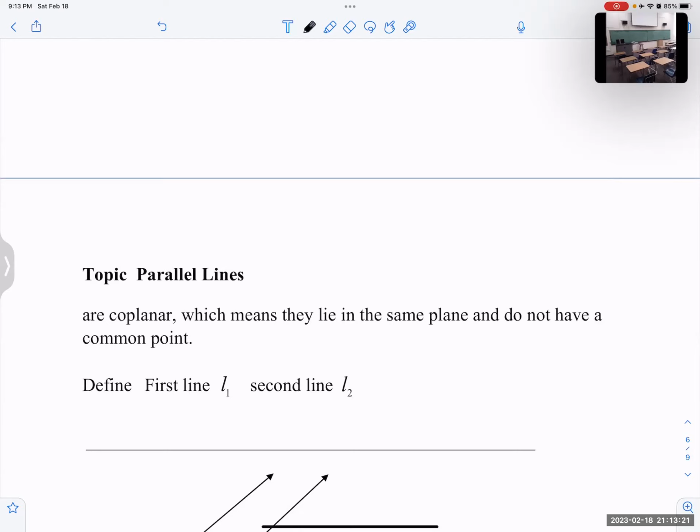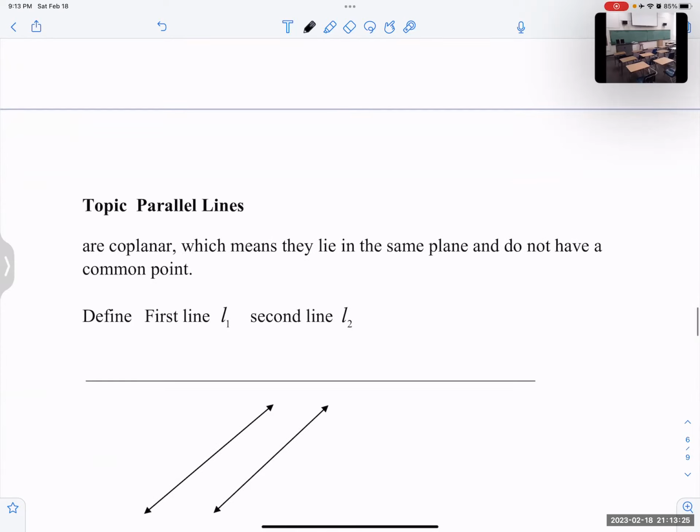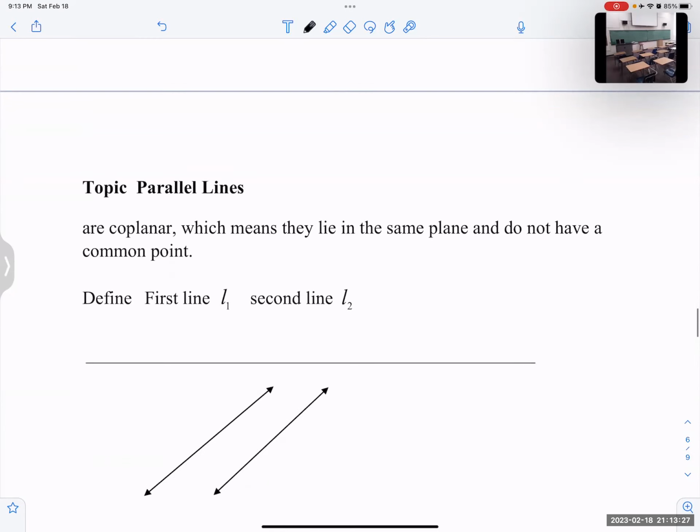Let's define L1 to be a first line and L2 to be a second line. If the lines are parallel, we have this symbol. We would say L1 is parallel to L2. And if that's a true statement, then it is true that the slopes are equal.